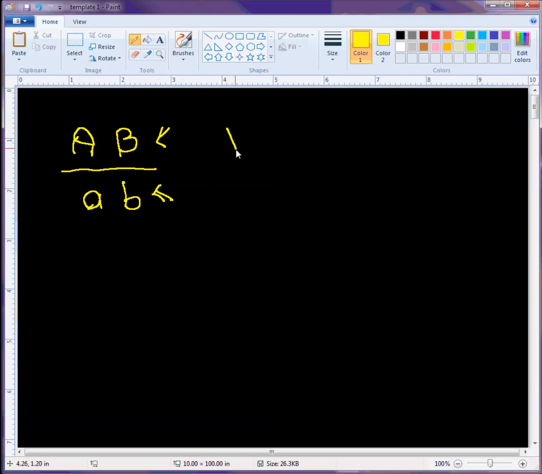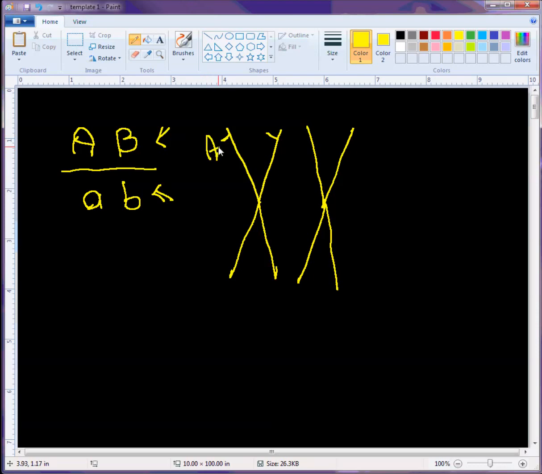And I'm going to draw a tetrad. I'm going to put the dominant alleles on this chromosome and the recessive alleles over here.